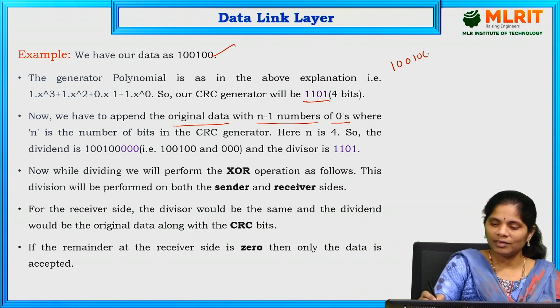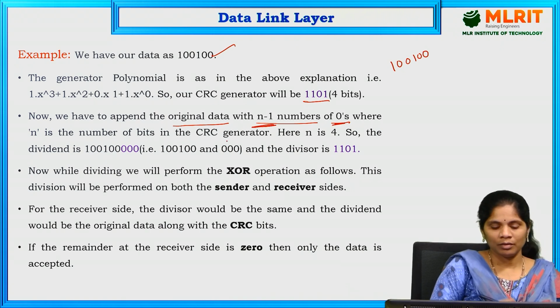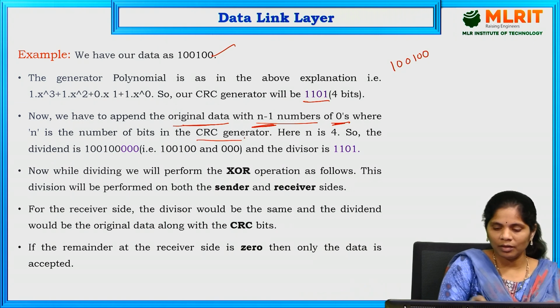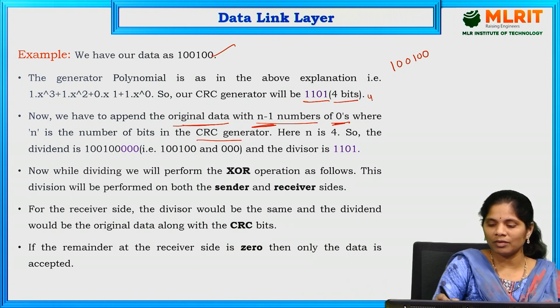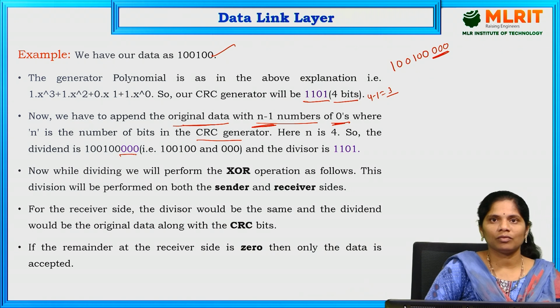For this original data, how many zeros do we add? n-1 zeros from the CRC generator. How many bits does the CRC generator have? 4. 4 minus 1 is 3. So we append 3 zeros. That is nothing but the CRC generator.